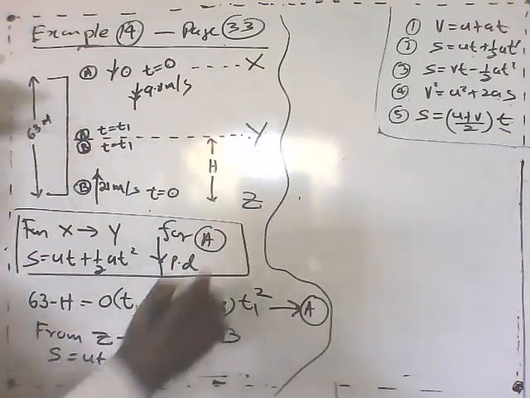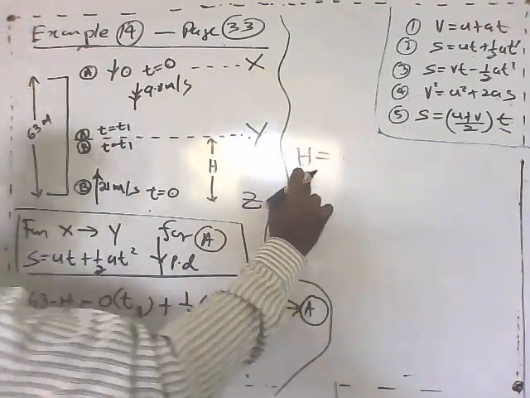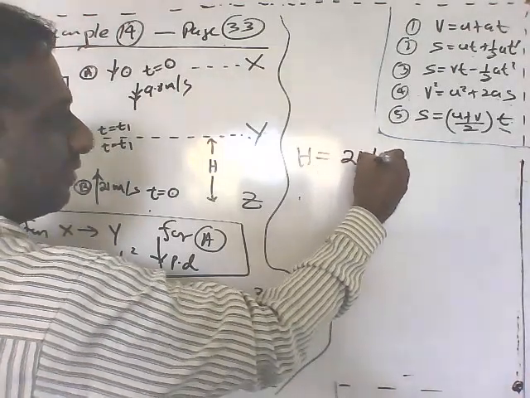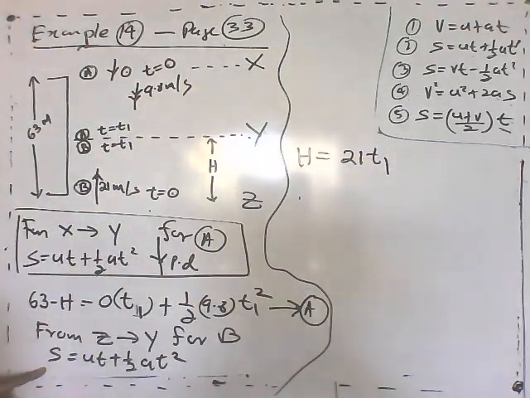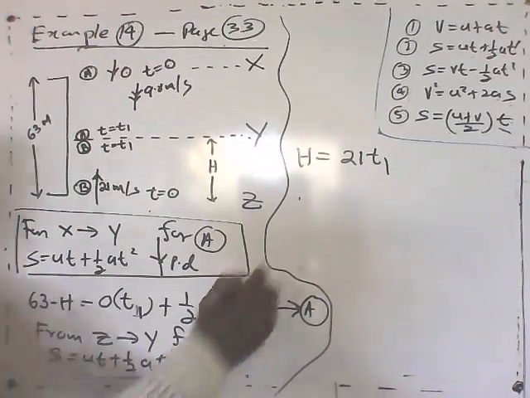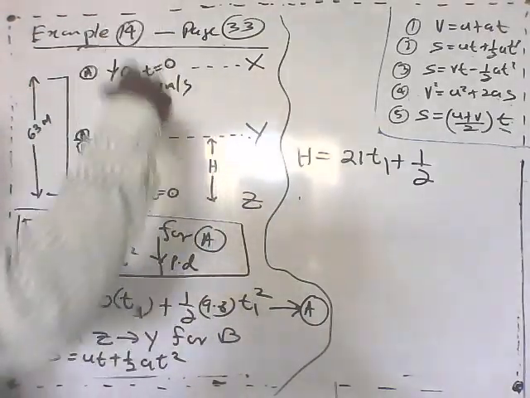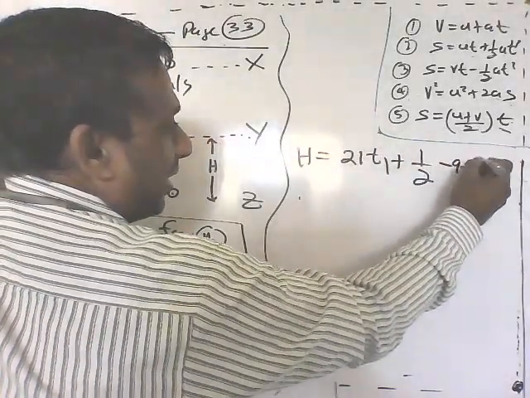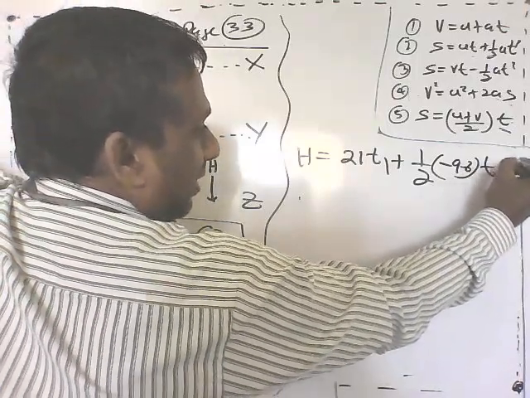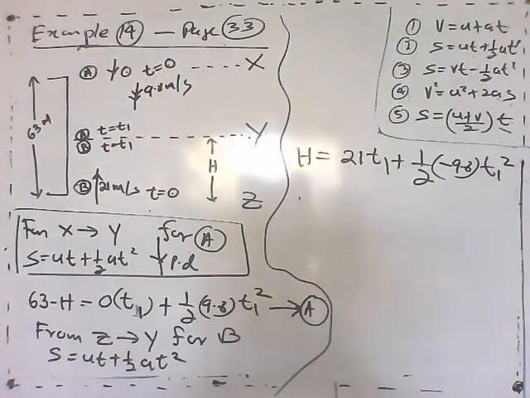How much is it going up? h equals 21 t1, and then plus half, now it is upward and gravity is below, so we put minus 9.8 t1 squared.